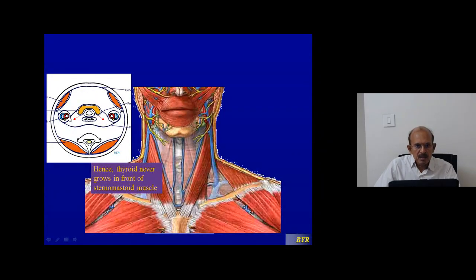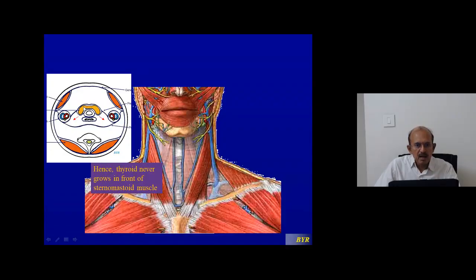Here you can see this carotid artery is anteriorly lined by pretracheal fascia, posteriorly by prevertebral fascia. So almost there is a circular fascial covering for the carotid vessel, internal jugular vein, and vagus nerve. So this is called the carotid sheath.